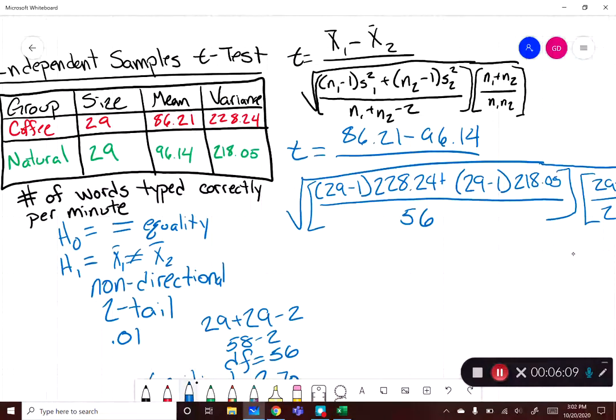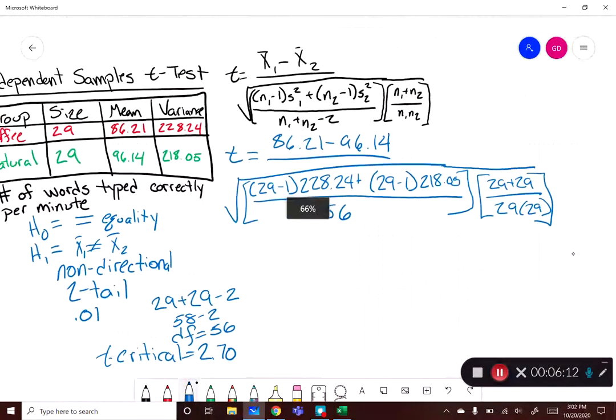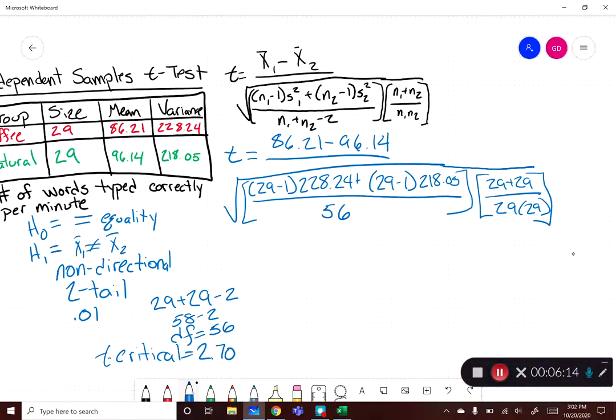All right, so I'm going to go ahead and use a calculator on the side, not on the screen. In the numerator, we're going to have 86.21 minus 96.14, which gives us 9.93. Now let's work on some of the denominator, and I'll do this in multiple steps.